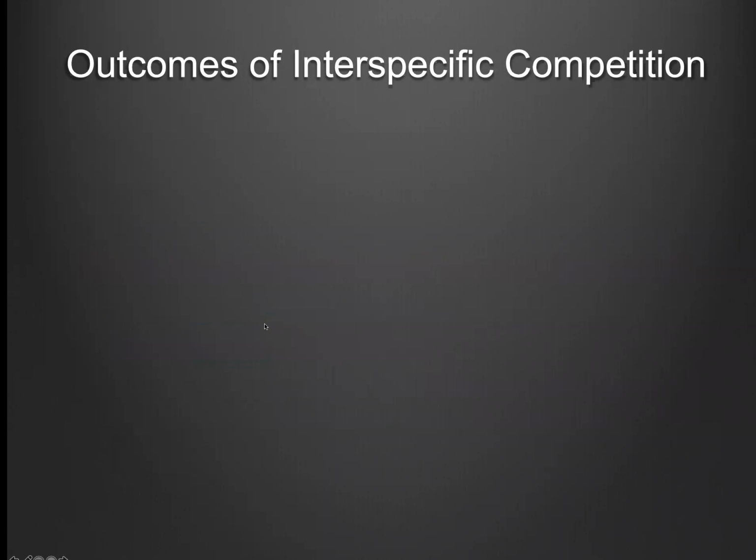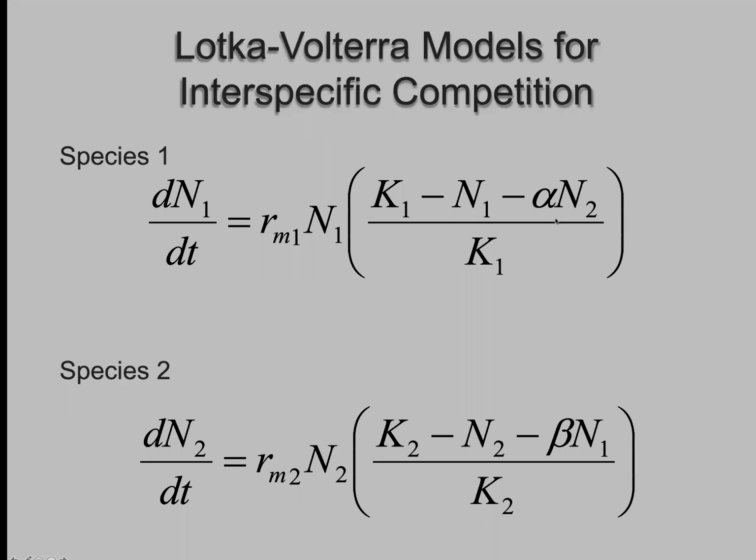What that's saying is this function is less than 1, this function is less than 1. So what takes over in terms of the growth of these is the intraspecific, or within species, growth. This is what drives the population size here, and similarly, this drives the population size of this species.